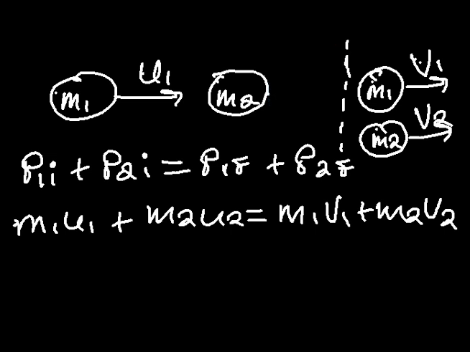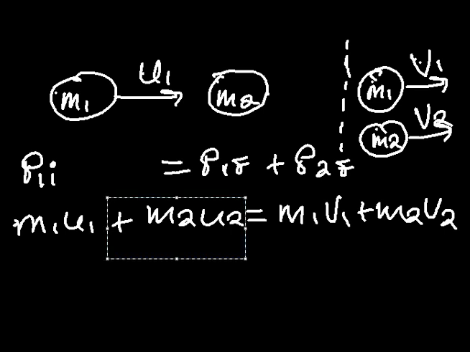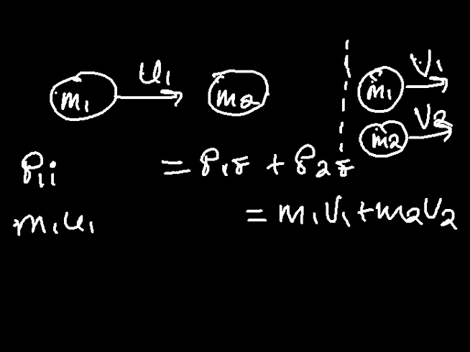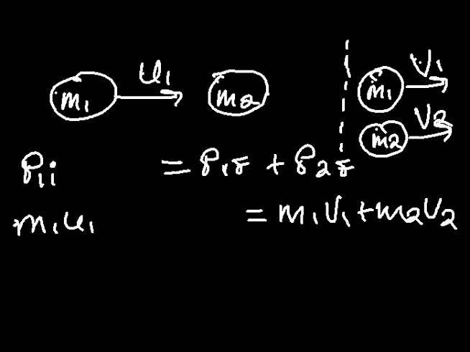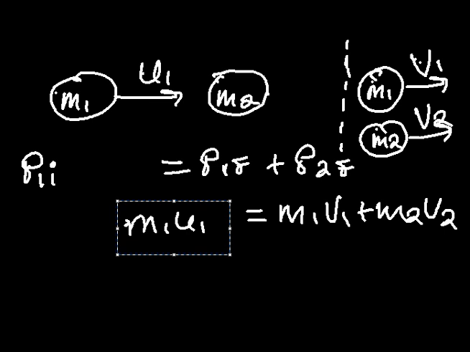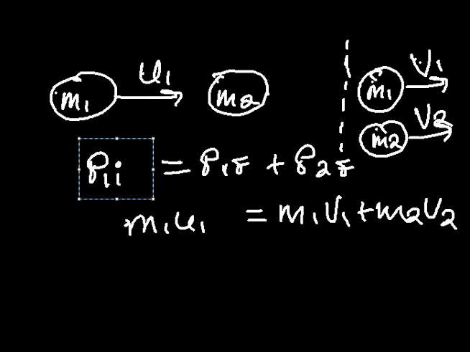Hence, it does not appear in the formula, which means the initial momentum is contributed only by the object which is in motion, and likewise that expression is not there. So this is the conservation of momentum formula for the elastic collision whenever one object is at rest before collision.